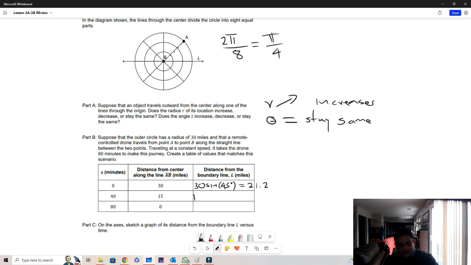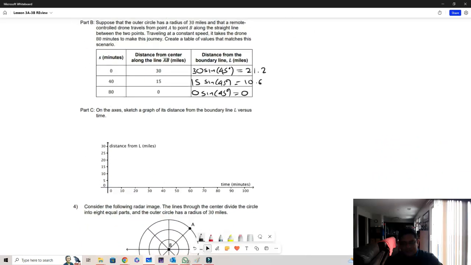Similarly, you can do this here, 15 sine of 45. Notice that the angle is not changing. The only thing that is changing is the radius. And so finally 0 sine of 45, and well, 0 is 0, so this is just going to give me 0 in distance. So if we were to sketch this, notice that when we get to 80, we're going to reach 0, and so we have this point here.